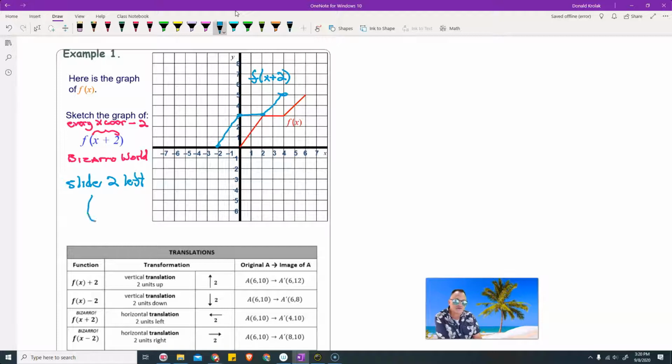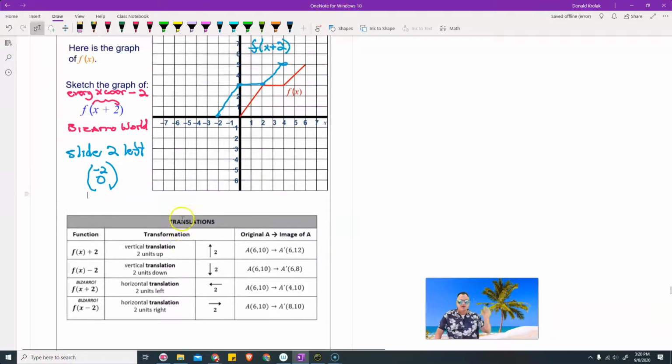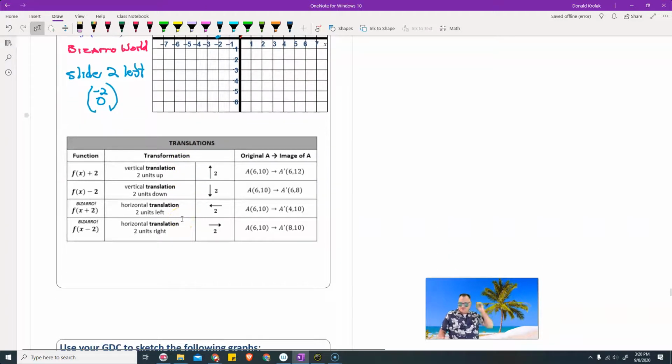Okay, as a vector, 2 to the left is written like that. So what I put on here, guys, is a summary of what we just did and what it does to the original coordinates. So when you have these two here, you're adding or subtracting to the output. And then these two, you're adding and subtracting from the input.